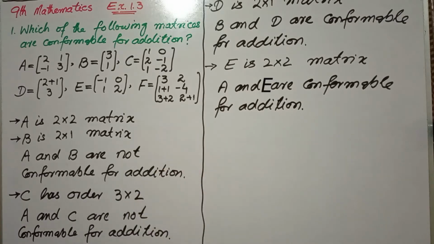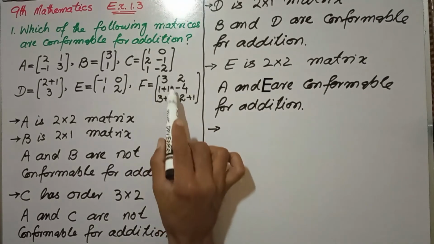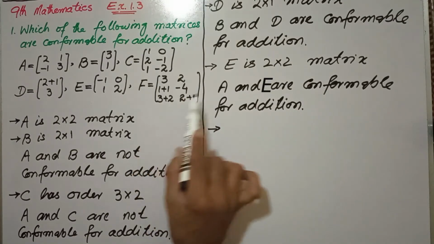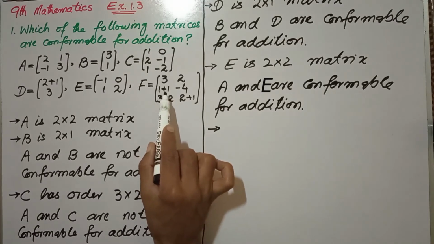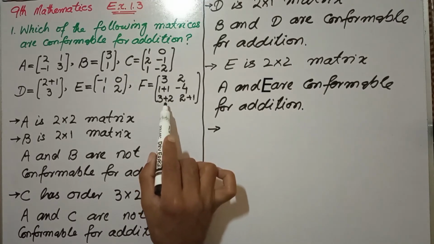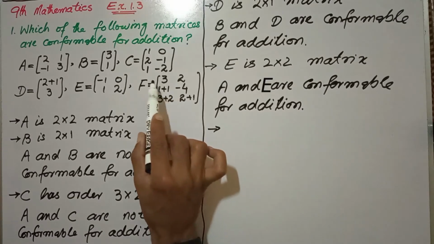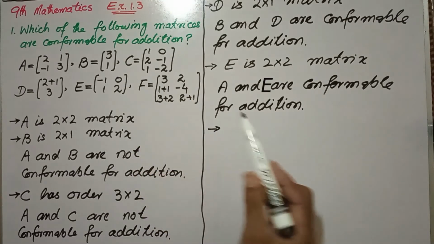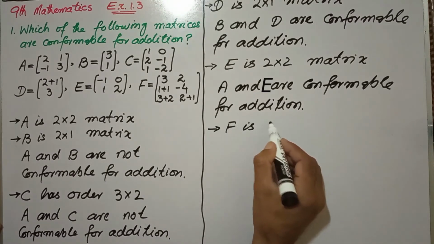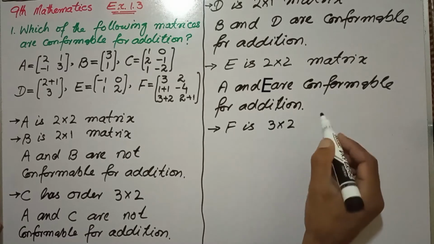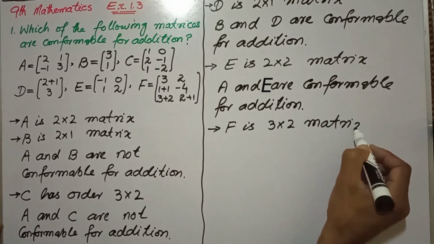Now the last matrix, the matrix F, has order 3 cross 2. That is, we have 3 rows and 2 columns. Each is a single entry. So this matrix has 3 rows and 2 columns. F is a 3 by 2 matrix.